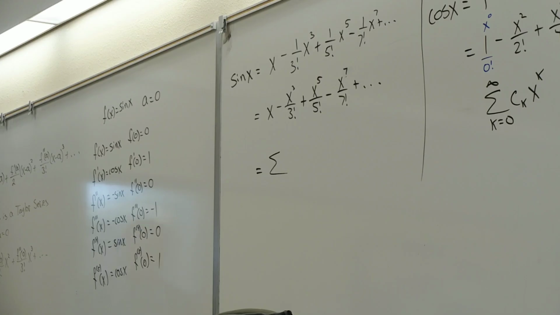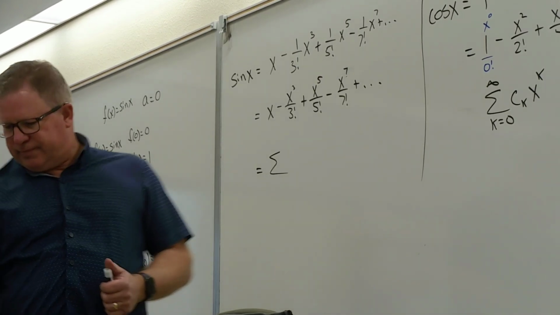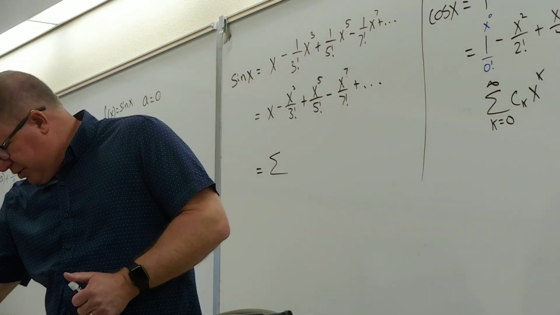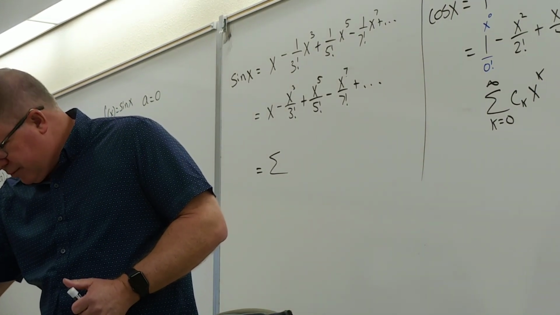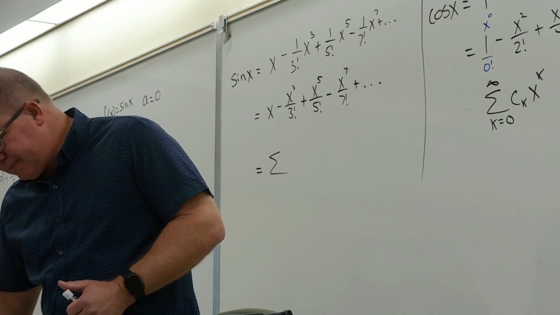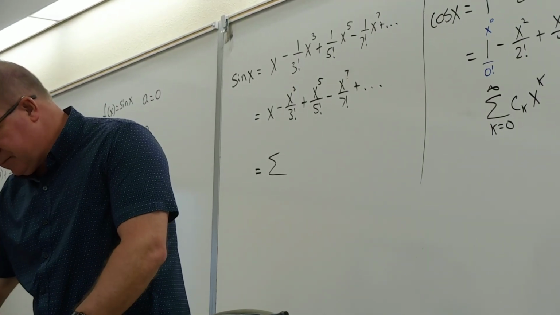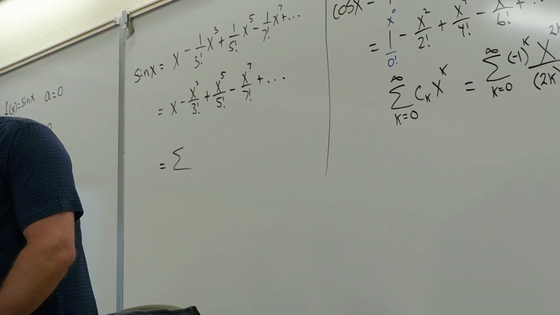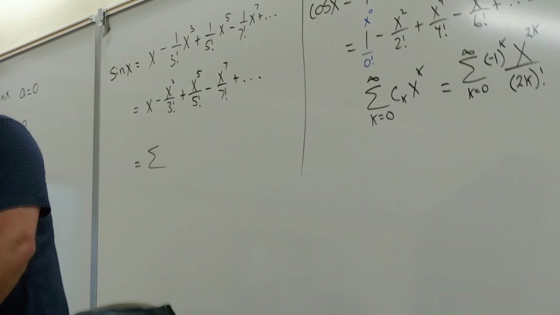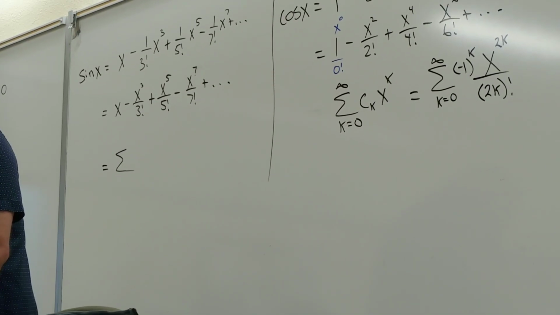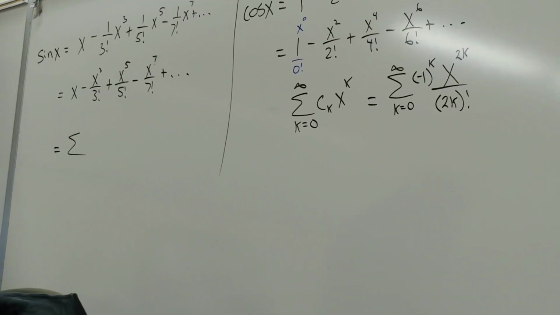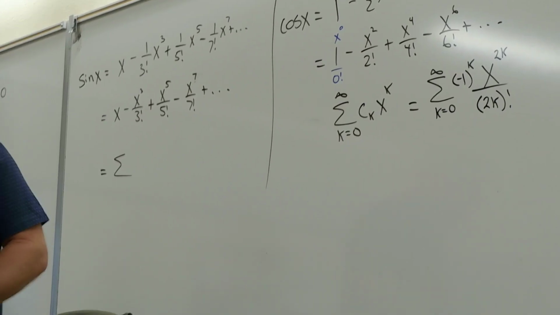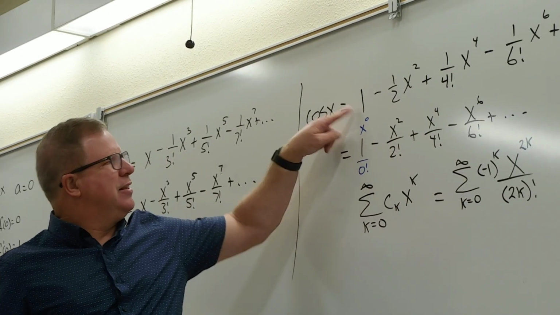The first term, do we want to start this at 0? I want to see what they do. I think it's in here somewhere. See here, 0 actually gave us a term.